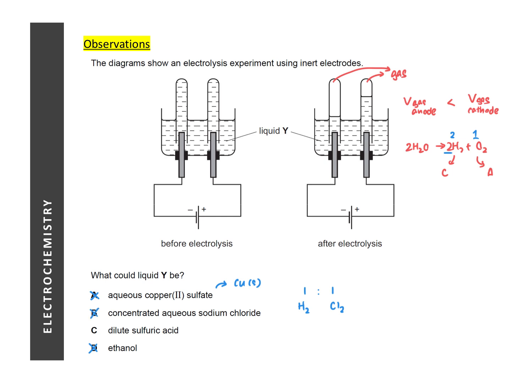For dilute sulfuric acid, if you go through the example again, the overall equation, when you pass a current into dilute sulfuric acid, essentially you are breaking down water. So when you break down water using electrolysis, for every 2 moles of water, you will get 2 moles of hydrogen gas and 1 mole of oxygen gas, which will lead to the observation shown in this question.